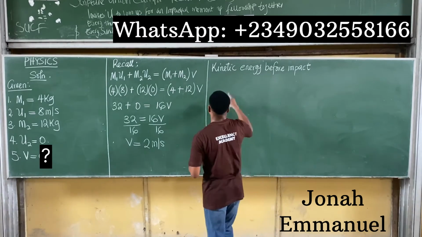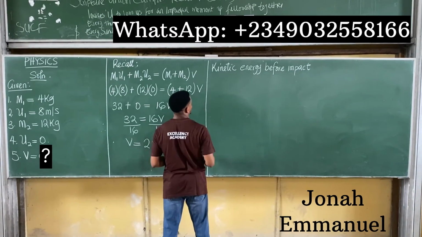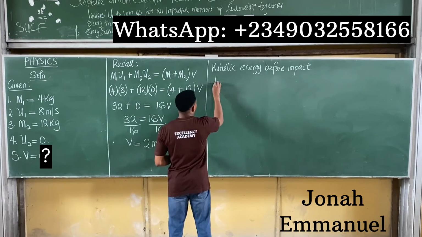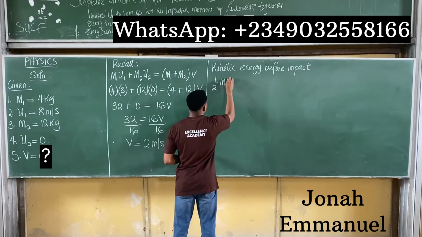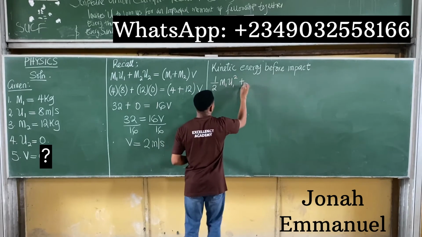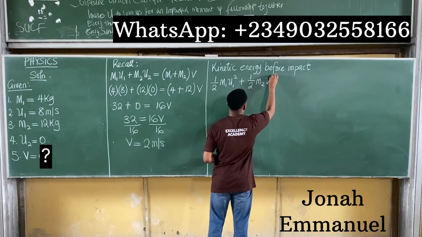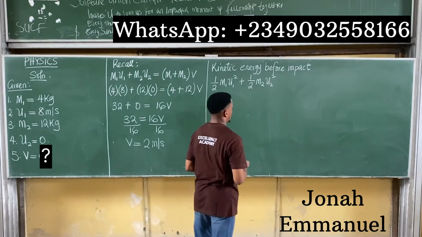We said the kinetic energy before collision, before impact, is given by the formula half M1 U1 squared plus half M2 U2 squared. This was the formula we gave.